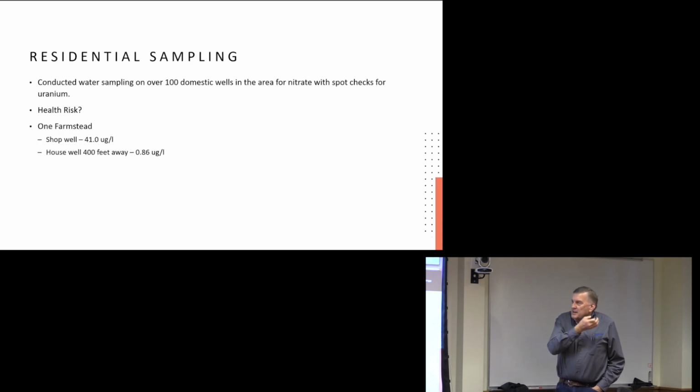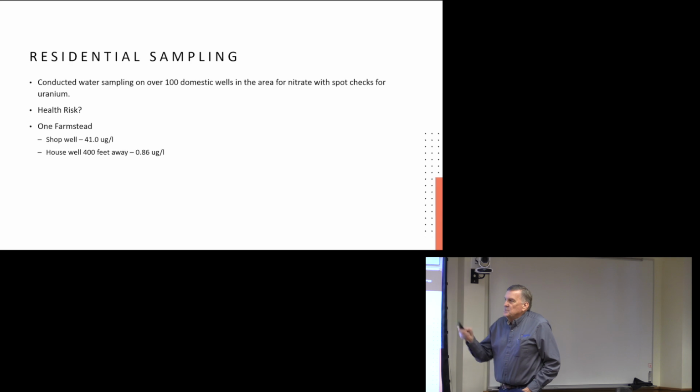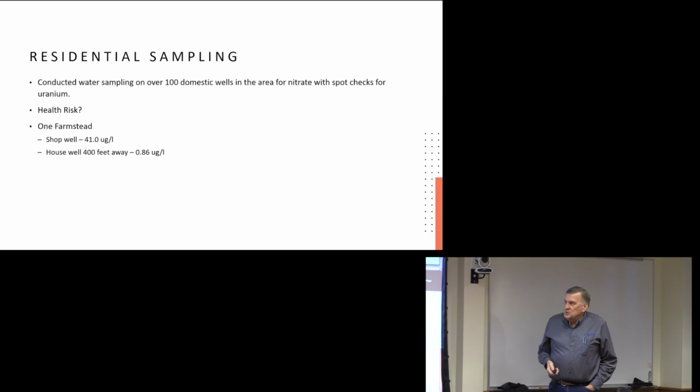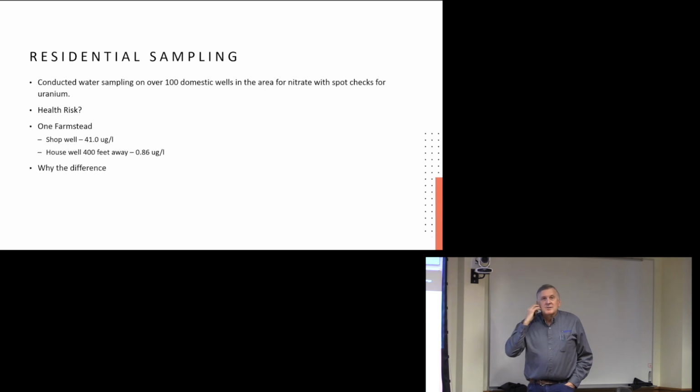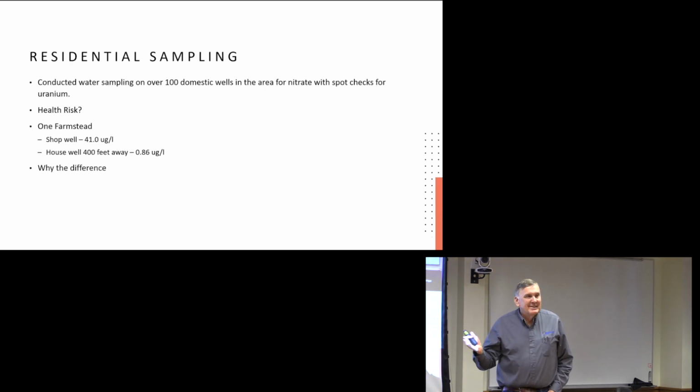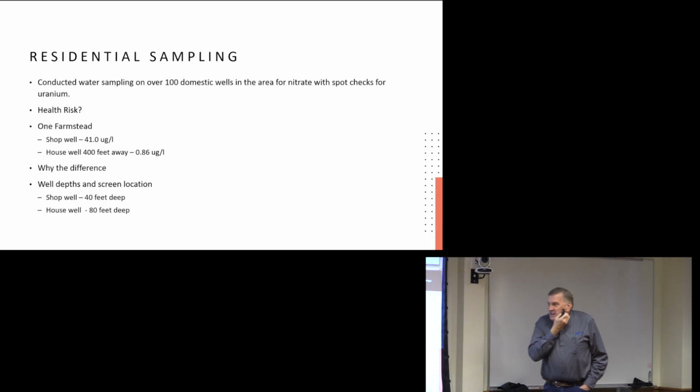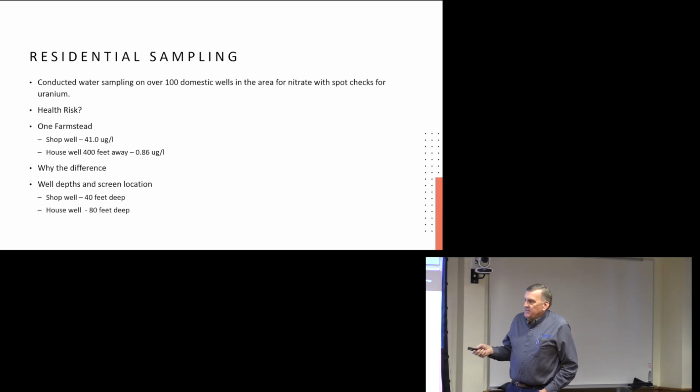So we did one farmstead. We had a shop well with 41 parts per billion, and the house well, 400 feet away, was 0.86. Why the difference? That's correct, depth. The shop well was like 40 feet deep, and the house well was 8 feet deep.